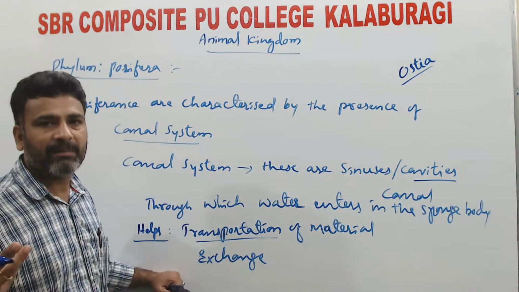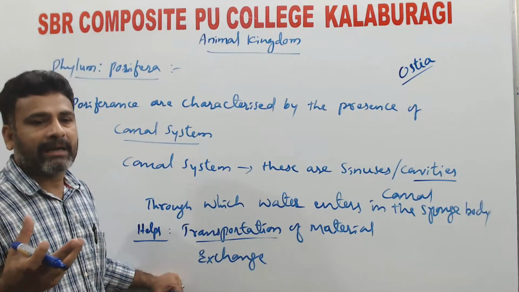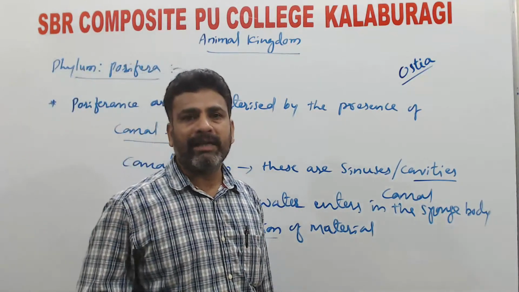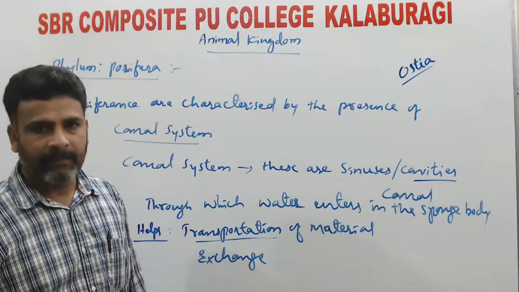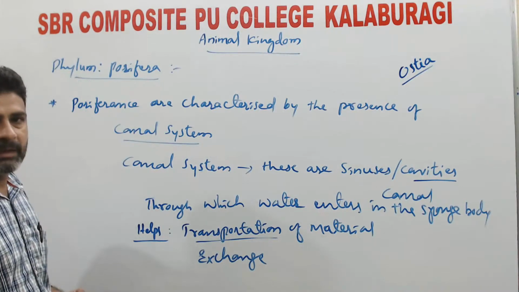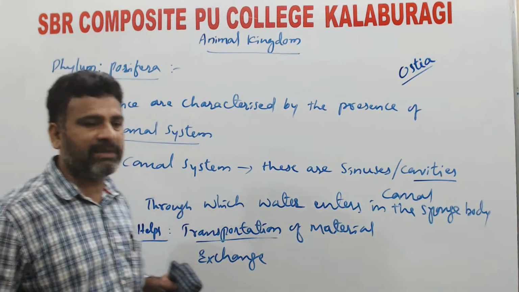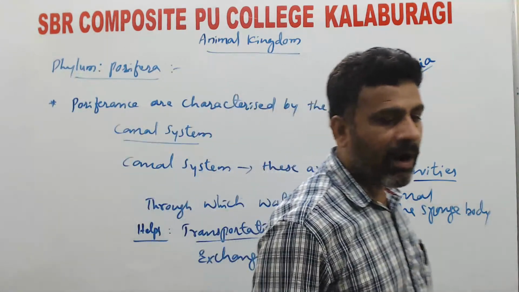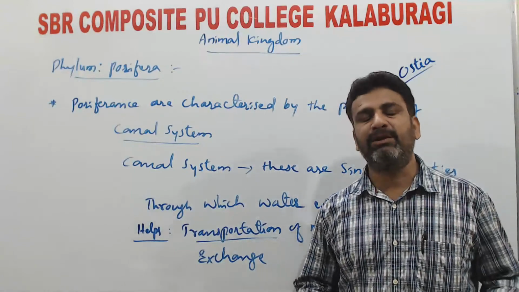Whatever nutrients are present in the circulating water are collected by the choanocyte cells, which are involved in the digestion process. That is the main function of this canal system. The canal system might be of the simple type, the ascon type, or the sycon type, or it might be the leucon type, which is the complex one.